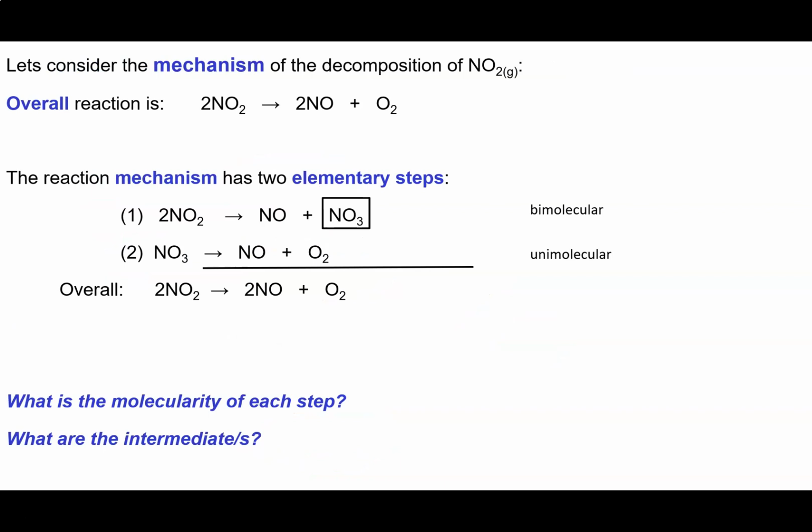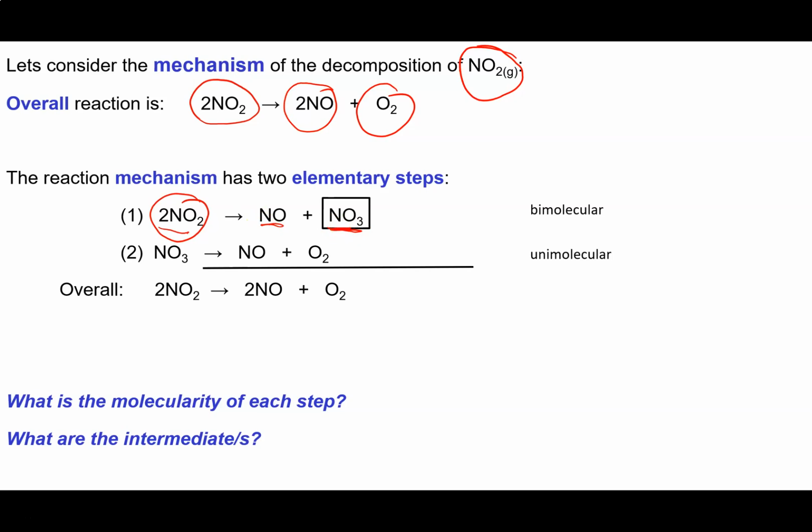So here's a reaction involving the decomposition of NO2. The overall reaction is that 2 moles of NO2 decomposes to form 2 moles of NO and 1 mole of O2. The mechanism is known to have 2 elementary steps. The first step is bimolecular, where 2 NO2s decompose to give 1 NO and an NO3.